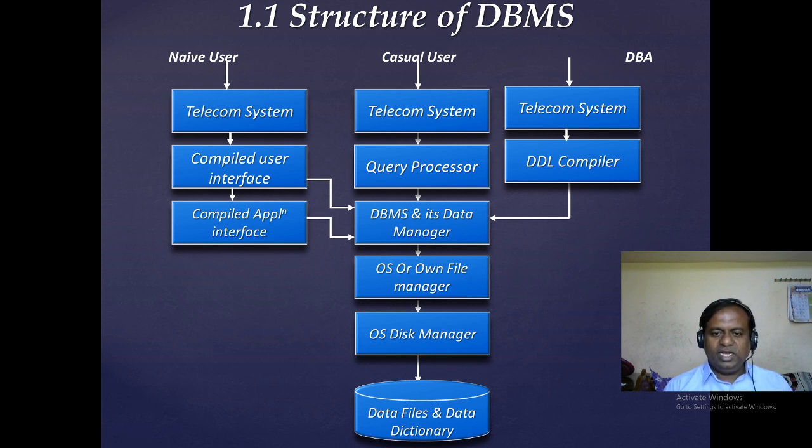After obtaining the content, it will be given back to file manager. File manager will give it back to data manager, and data manager will give it back to query processor, and query processor will hand it over to telecom system, and telecom system will pass it on to user. This is how structure of database management system works.